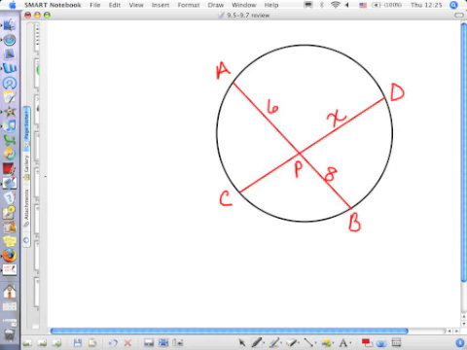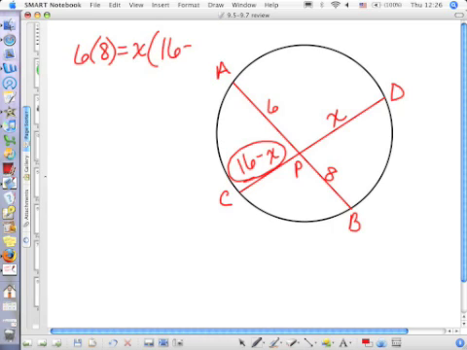We need some sort of representation here: 16 minus x. Very good, because if the whole thing is 16, I subtract x to find the missing piece. Now all I have to do is 6 times 8, which is 48, equal to x times 16 minus x.